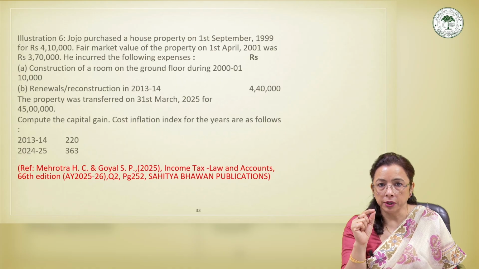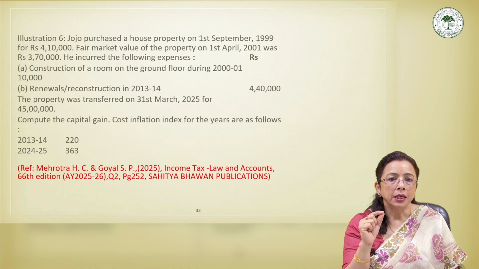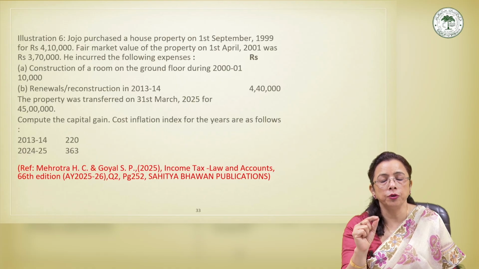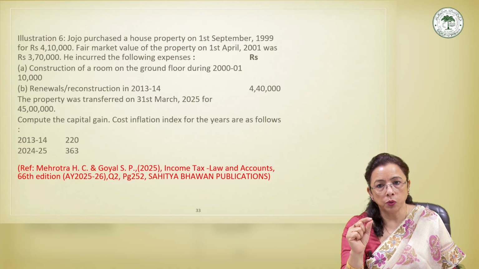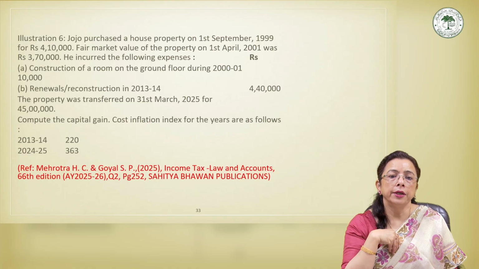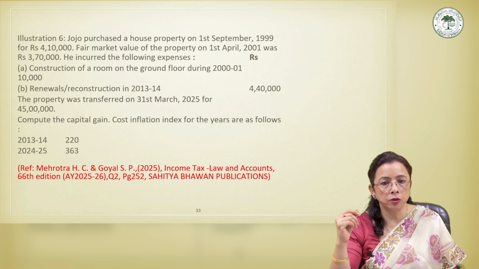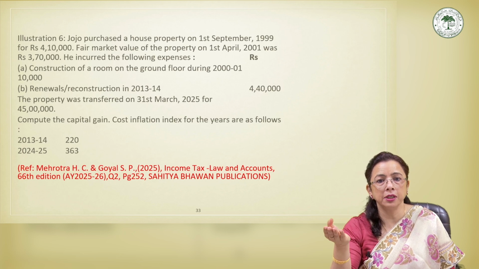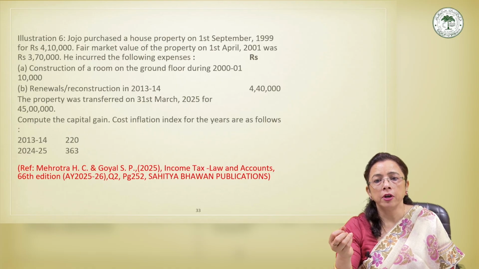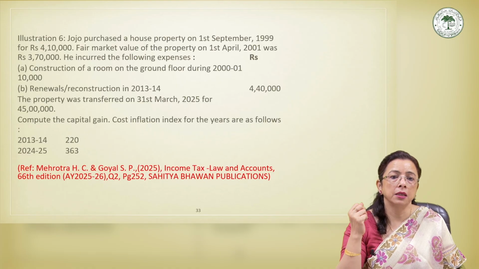He incurred the following expenses. First point is construction of a room on the ground floor during 2000 to 2001, that is rupees 10,000. Then renewal or reconstruction in 2013-14, that is after 13 years, he renewed the house spending rupees 4,40,000. The property was transferred on 31st March 2025 for rupees 45 lakhs.